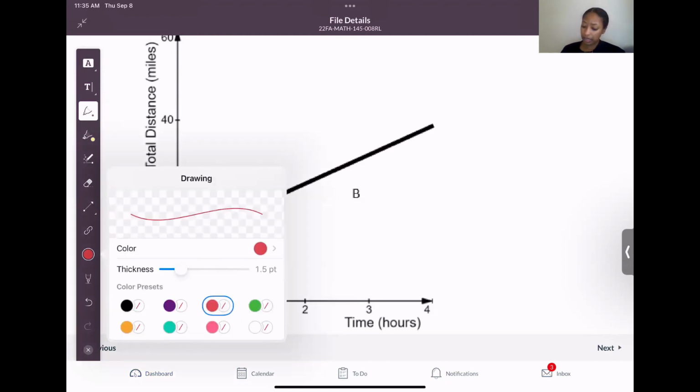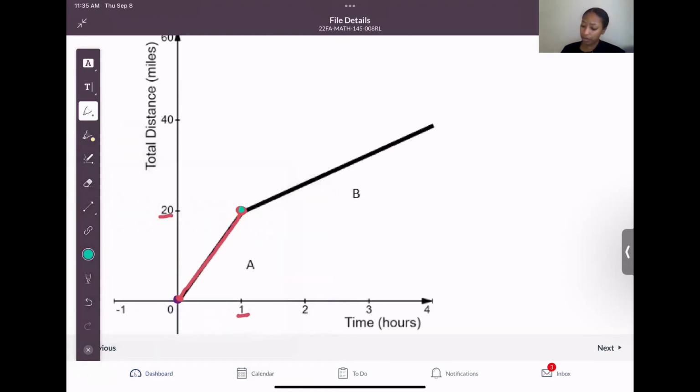Then for the second line segment, which we're calling B, that's between hours 1 to 4. So how many hours does that cover? This is 3 hours. And what distance did he cover? Up here at 40.